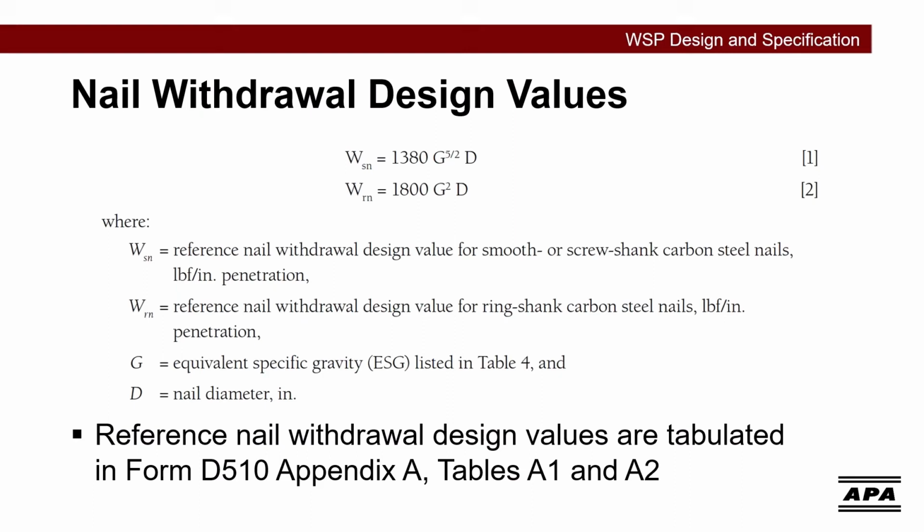Units of W are in pounds per inch of penetration. The reference nail withdrawal design values need to be multiplied by all applicable adjustment factors. For ease of reference, the calculated reference nail withdrawal design values are tabulated in Tables A1 and A2 of Appendix A in Form D510.